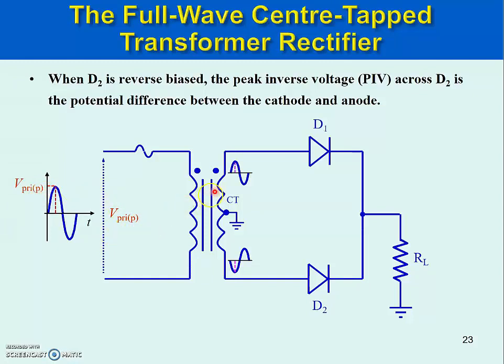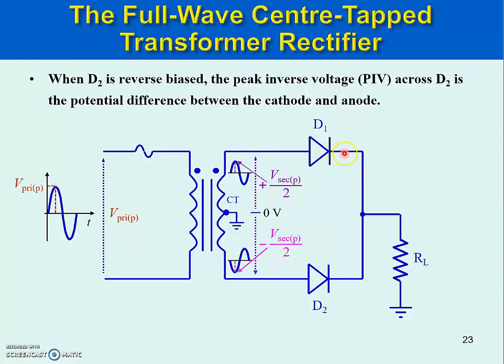At this moment, the voltage value at this point will be at the maximum too, which is this value, half of the secondary coil voltage. And at this point, the voltage will be at its minimum. Again, the magnitude is half of the secondary coil voltage. But because the ground is here, the minimum value here is a negative value.